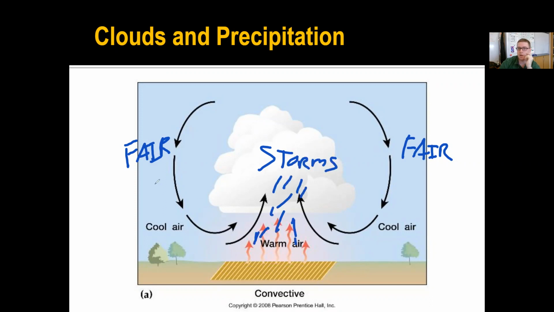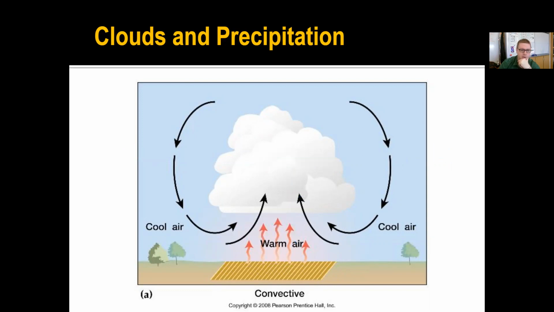In between each of those convection cells, you're going to get stormy weather because that warm air is going to rise and condense. Those clouds are going to get very heavy and it's going to precipitate there. So that's how convective formations occur.